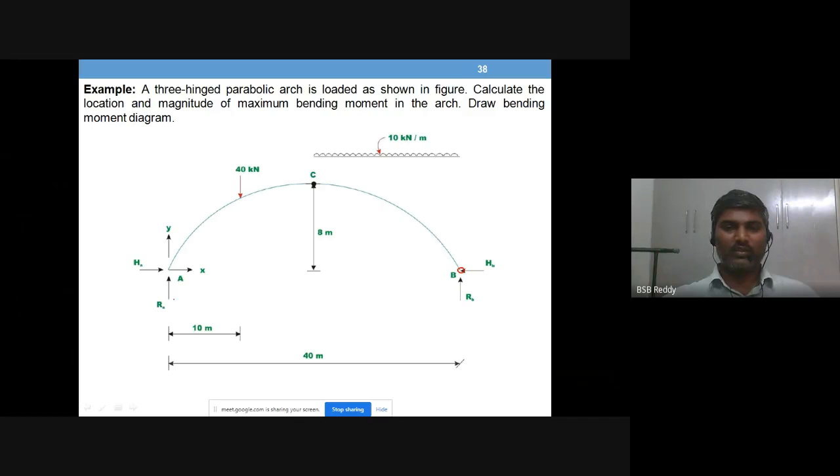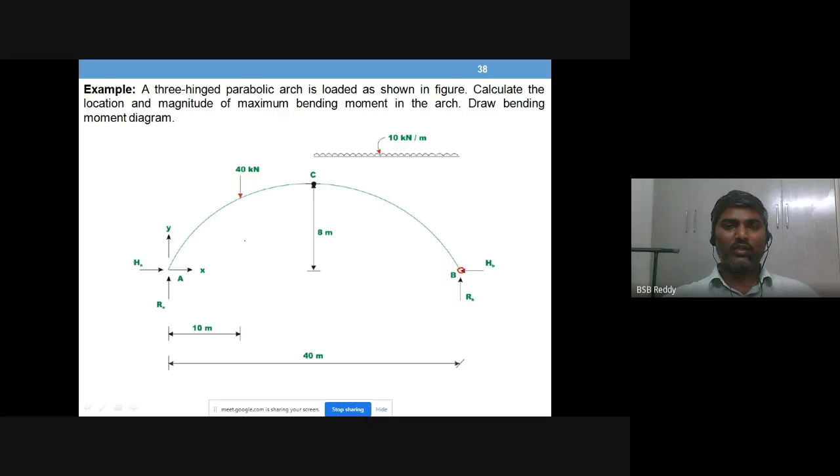We start with RAY into the distance, 40 meters, and HA passes through point B, so its moment is 0.